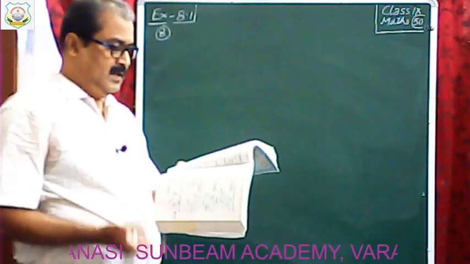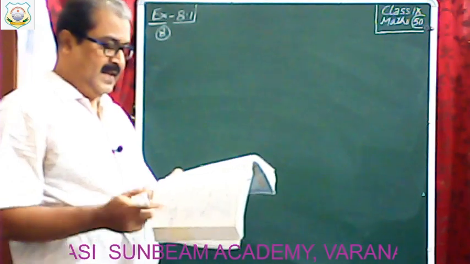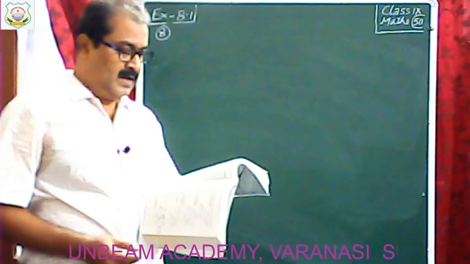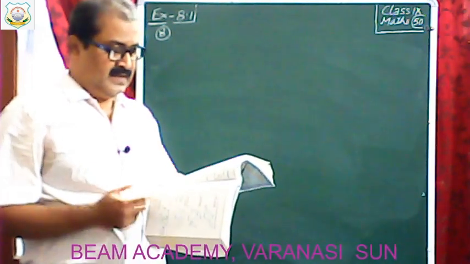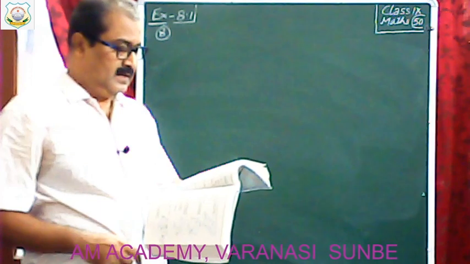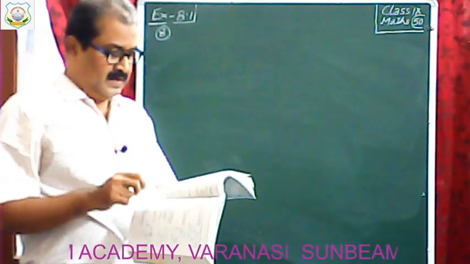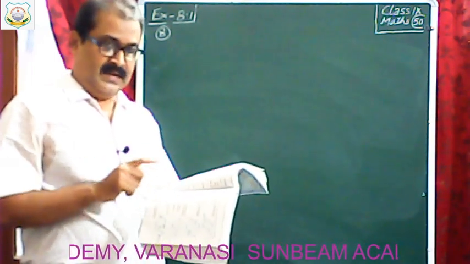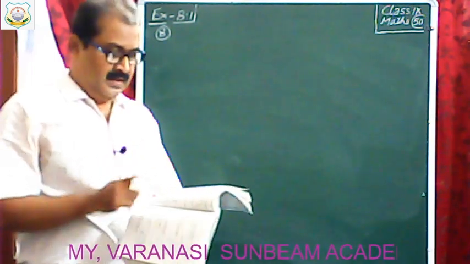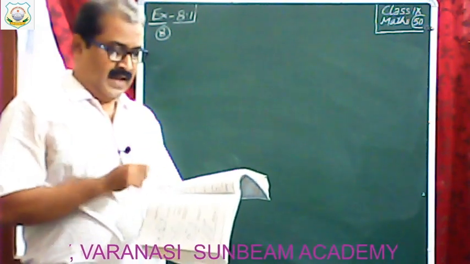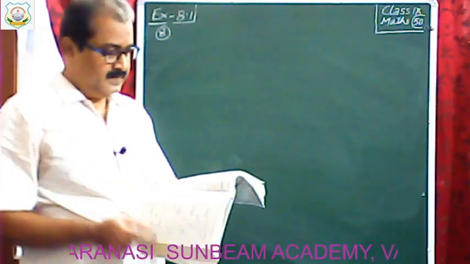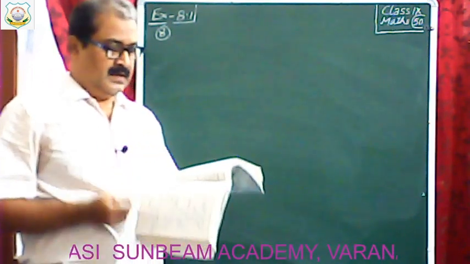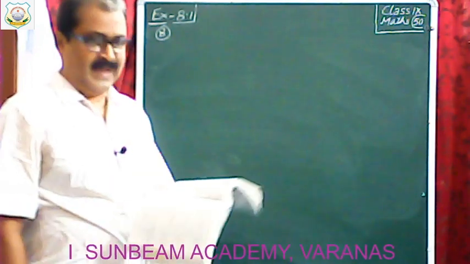ABCD is a rectangle in which diagonal AC bisects angle A as well as angle C. Show that ABCD is a square and second diagonal BD bisects angle B as well as angle D. We have to show first ABCD is a square and second diagonal BD bisects angle B as well as angle D.